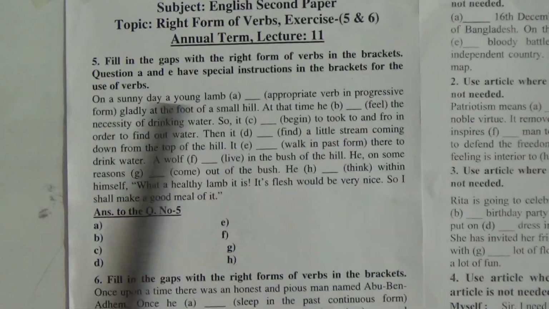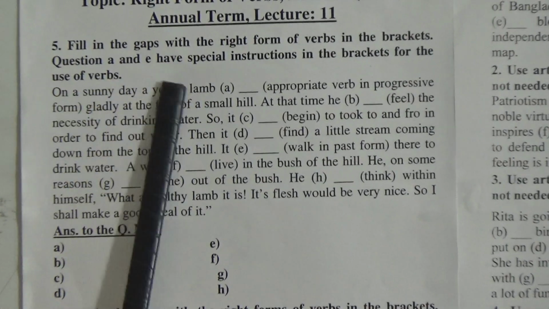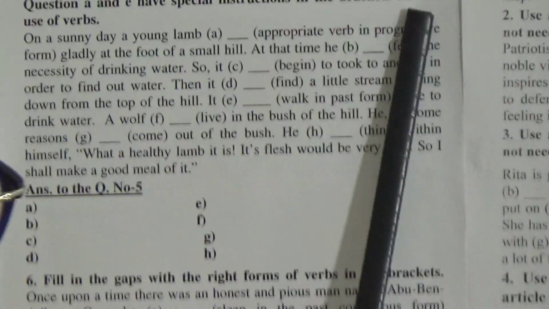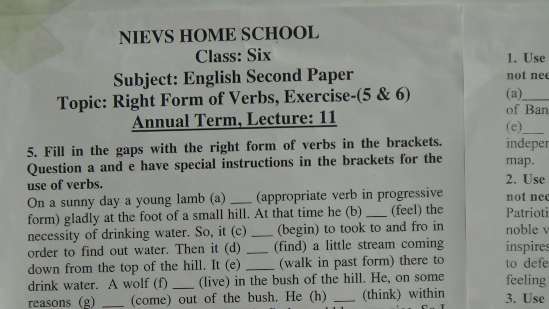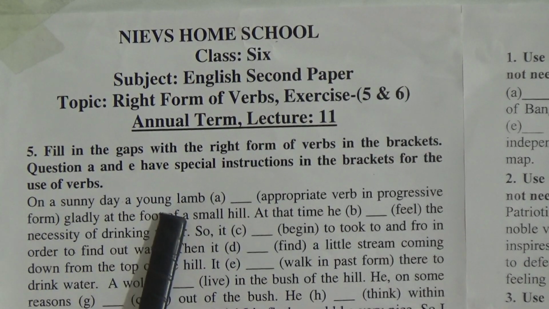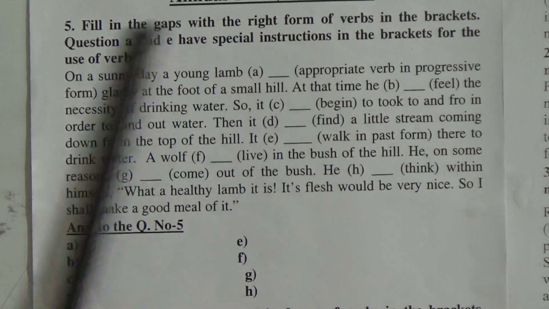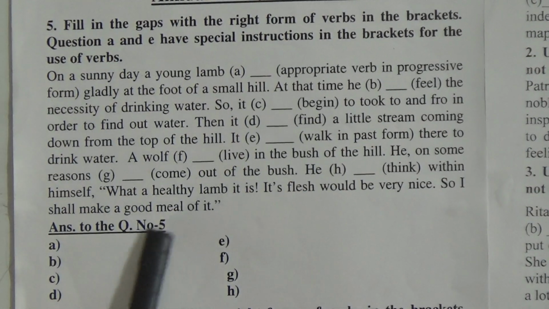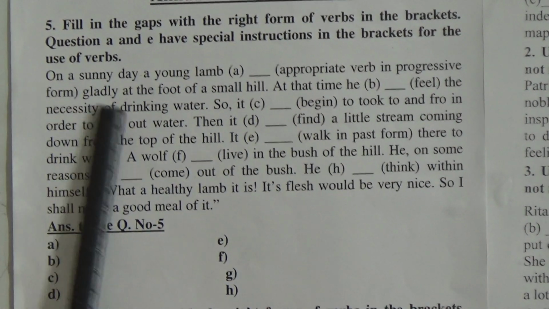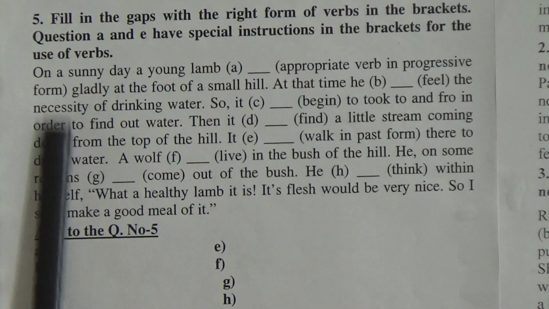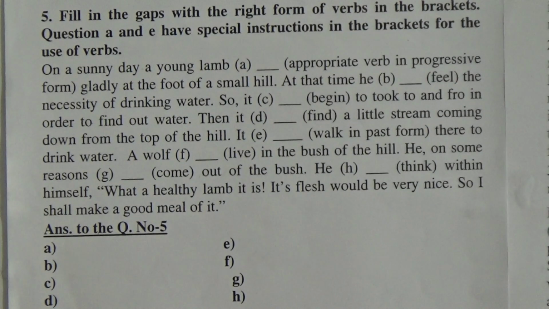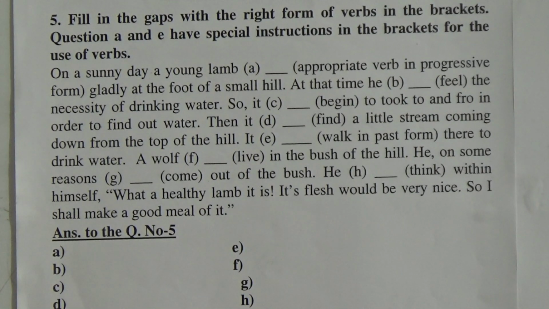Fill in the gaps with the right form of verbs in the brackets. Questions A and G have a special instruction in the brackets for the use of verbs. So, on a sunny day, a young lamb (appropriate verb in progressive form) gladly at the foot of a small hill at that time. So this is the story of past tense, past indefinite tense. If the sentence is past indefinite tense, we always use past indefinite tense and past continuous form.